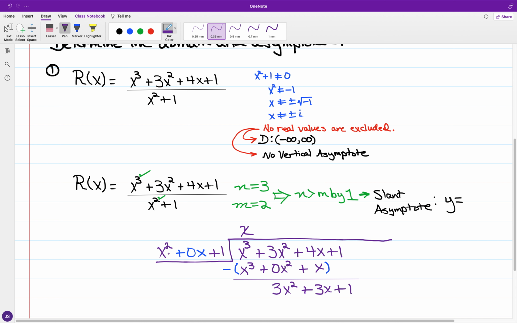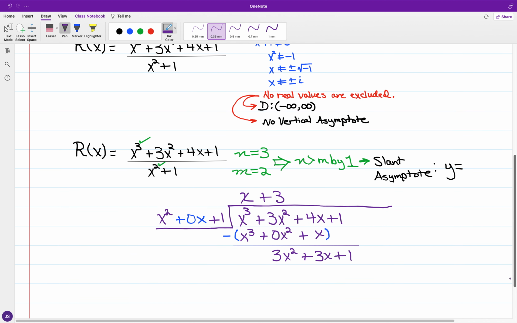So now we have this trio of terms. Now I can take x squared directly into 3x squared 3 times, and distributing, 3 times x squared is 3x squared, plus 0x to follow, and 3 times 1 is 3.